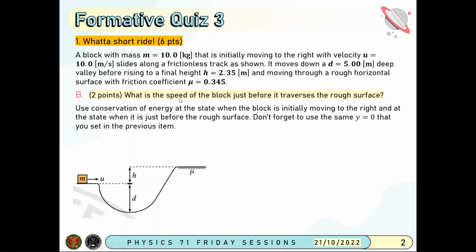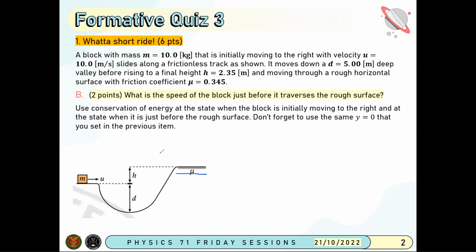For B, the question is, what is the speed of the block just before it traverses the rough surface? So again, we define our initial state and final state. Just before it traverses, this is the rough surface.